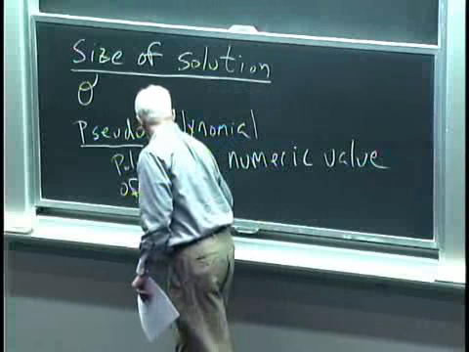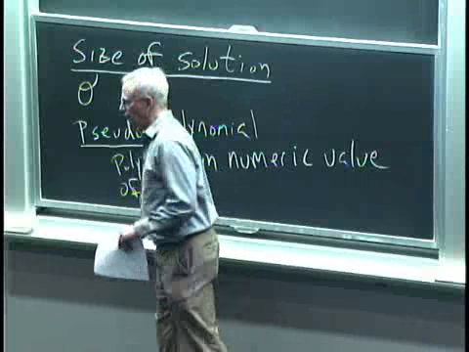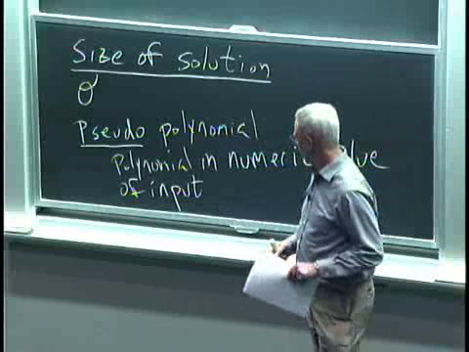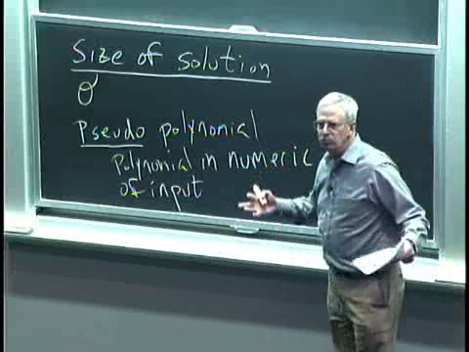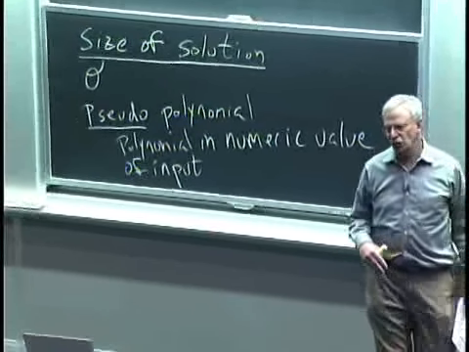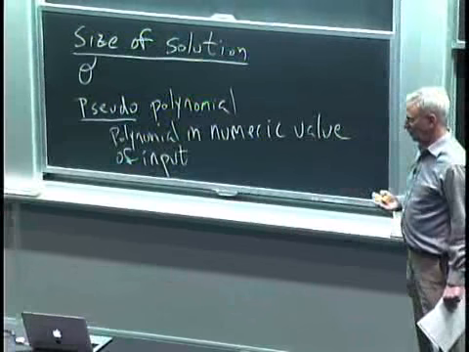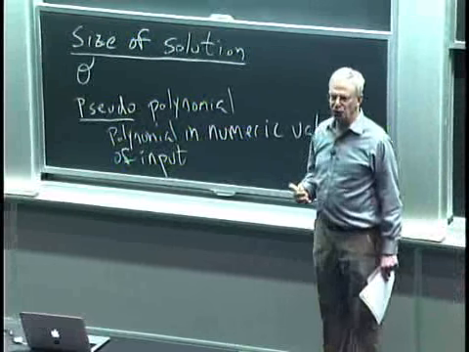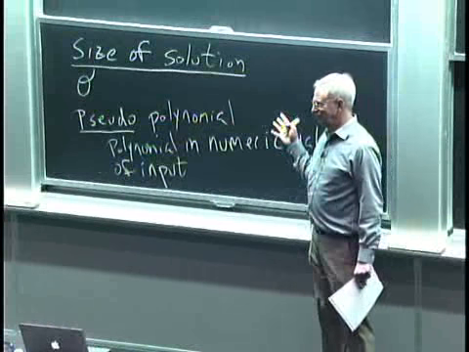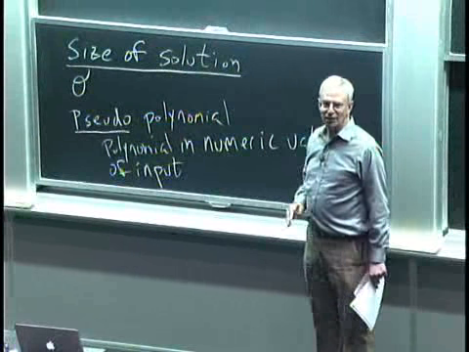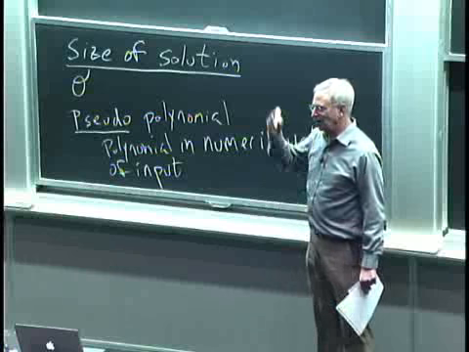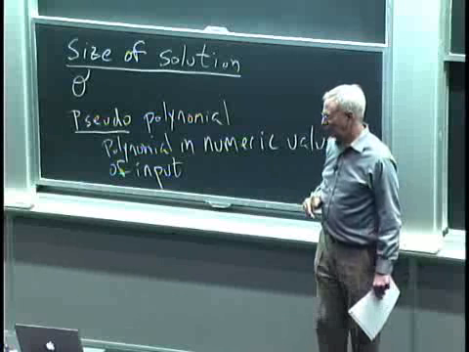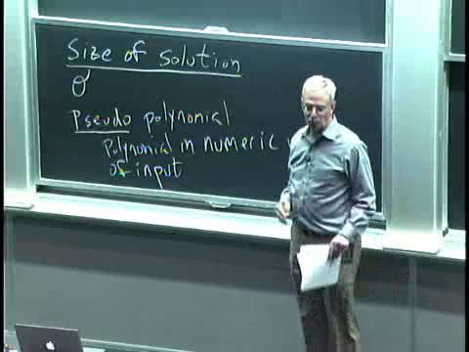I'm using a numeric example because it's easier to talk about it that way. So you might look at, say, an implementation of factorial and say its running time is proportional to the numerical value of the number whose factorial we're computing. If I'm computing factorial of 8, I'll do 8 operations, right? Factorial of 10, I'll do 10 operations.